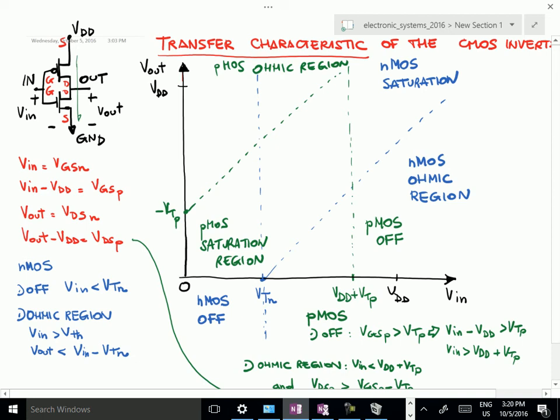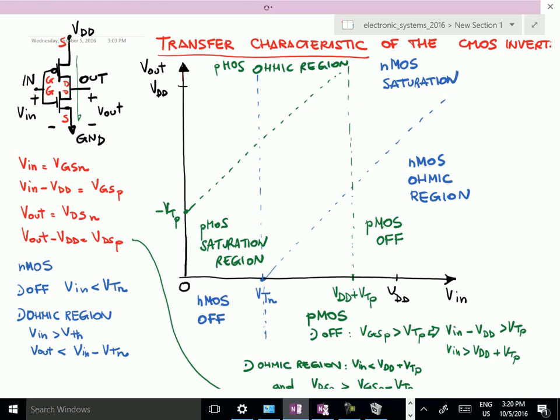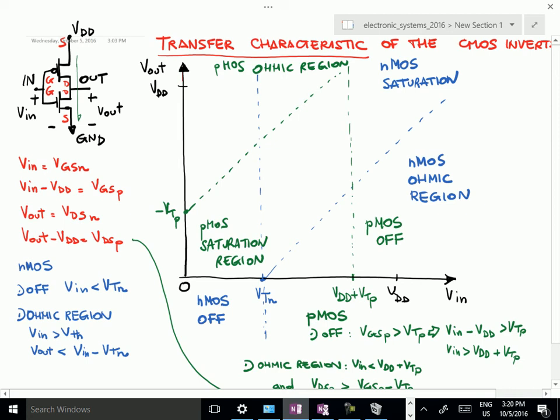We can do it a little bit simpler and simply draw a qualitative line to explain the operation of the inverter. For example, let's start from 0. At 0, when Vin is equal to 0, the NMOS is in the off region.